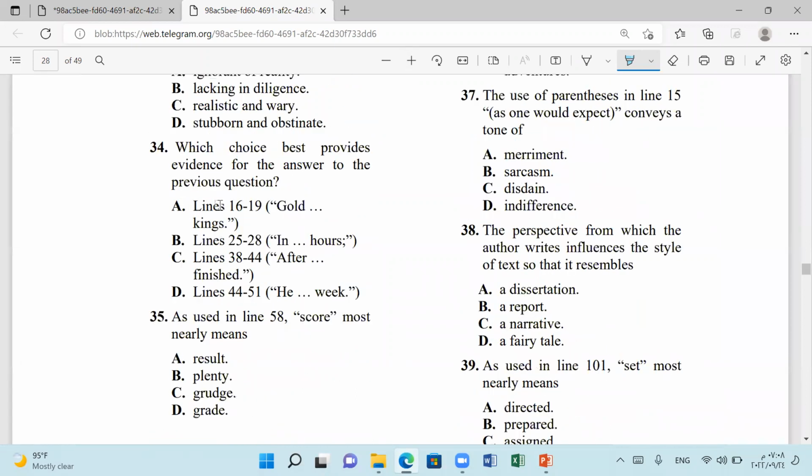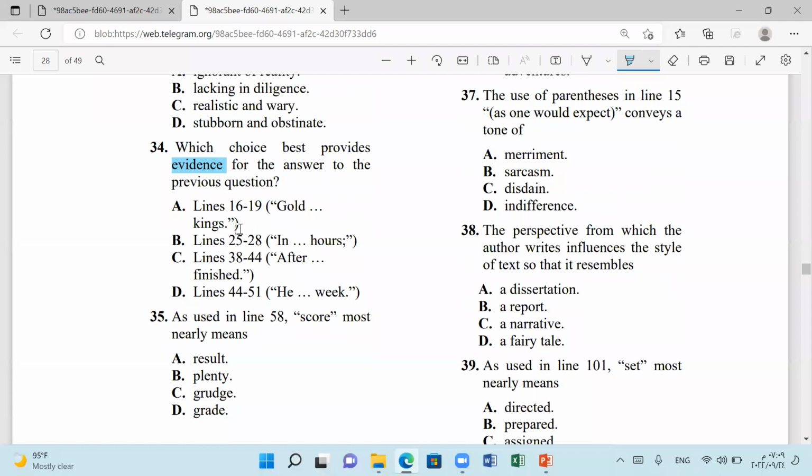The answer choices have line references: line 16 till 19, 25 till 28, 38 till 44, 44 till 51. We call these citations or line references. Also, you will find the word evidence, and in the answer choices, you will find citations.